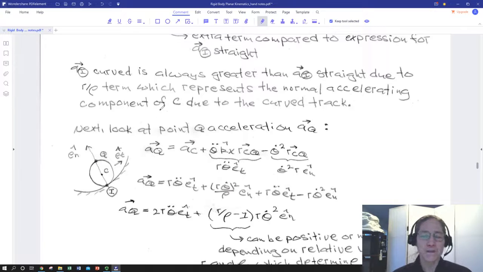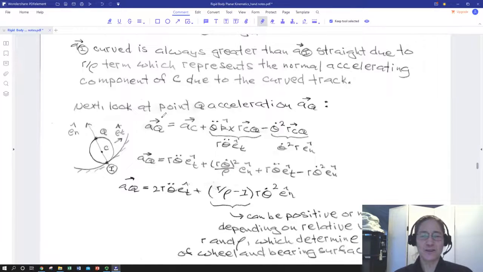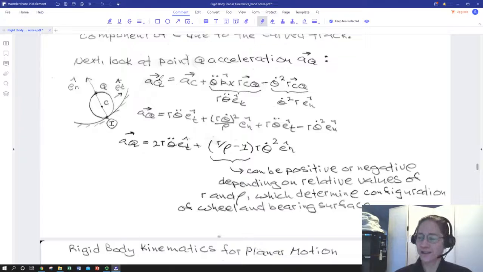Okay. Well, let's continue to use our favorite expression for the acceleration of 2 points on a rigid body. And let's look at the point up at the top. Let's look at point Q. We can follow the same procedure starting with our known acceleration of point C, and then use basically what's going to end up being the opposite of our radius vector.